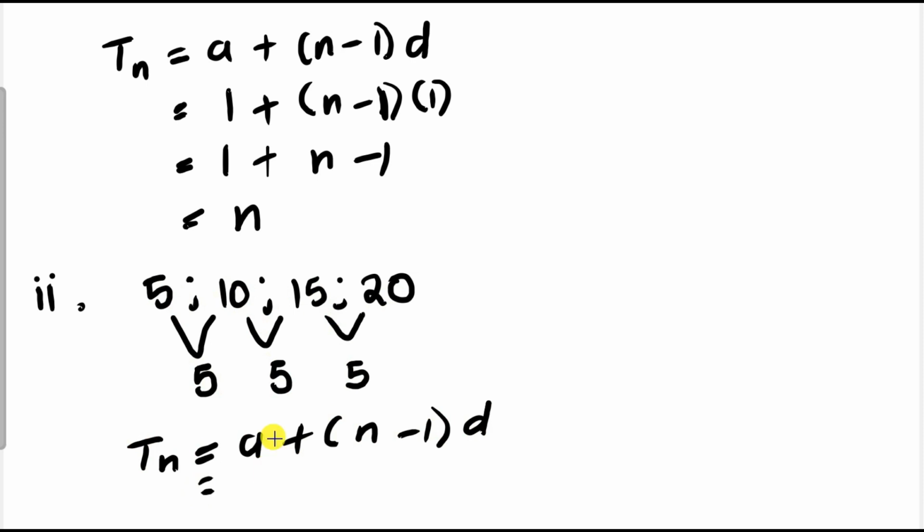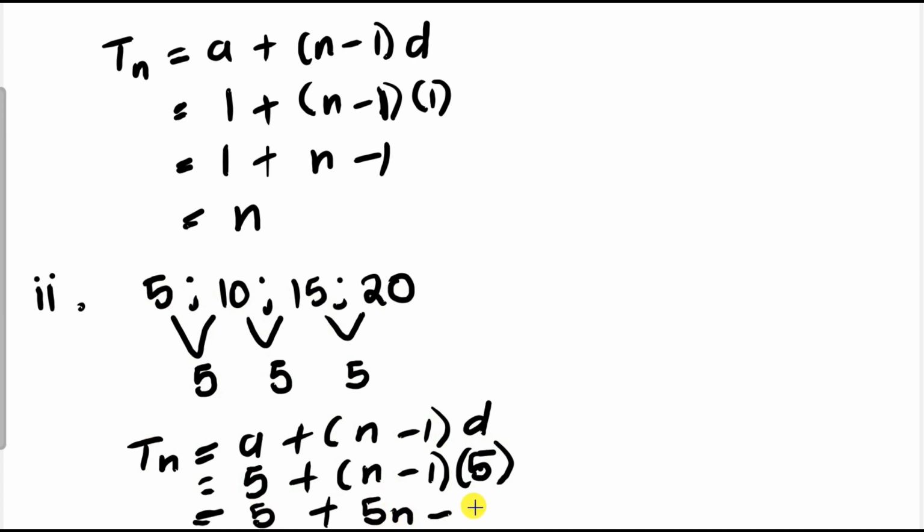What is a? a is 5. And what is d? d is also 5. So what do we have here? We have 5 plus 5n minus 5. Right? Therefore, what does it mean? It means Tn equals 5n. Can you see it?